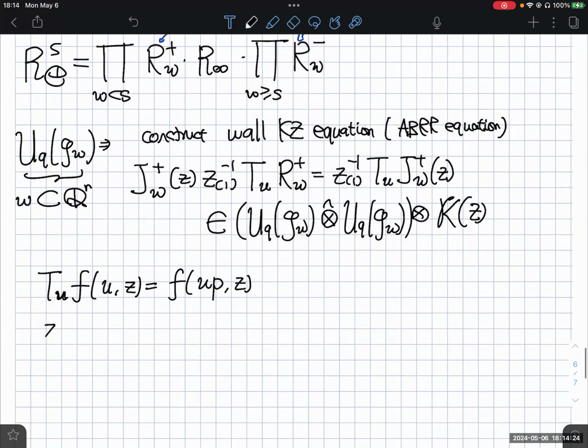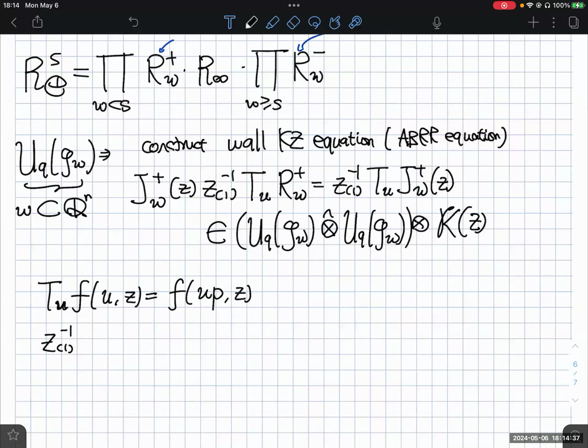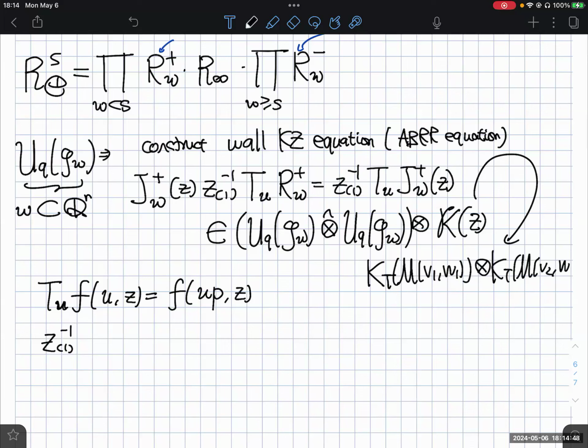And this Z1 means the following. This equation is something really universal in the wall subalgebra, so we can use it to act on some vector space, like V1 W1 tensor V2 W2.